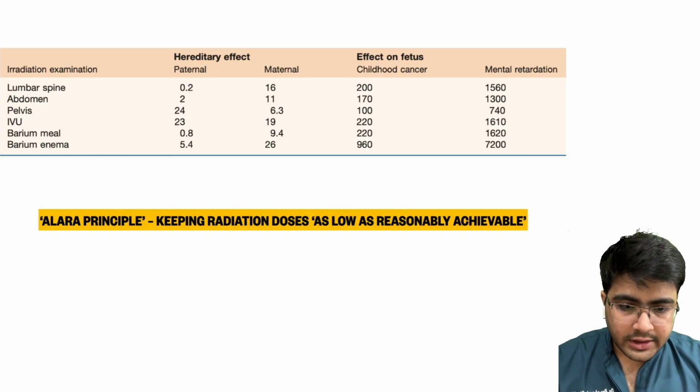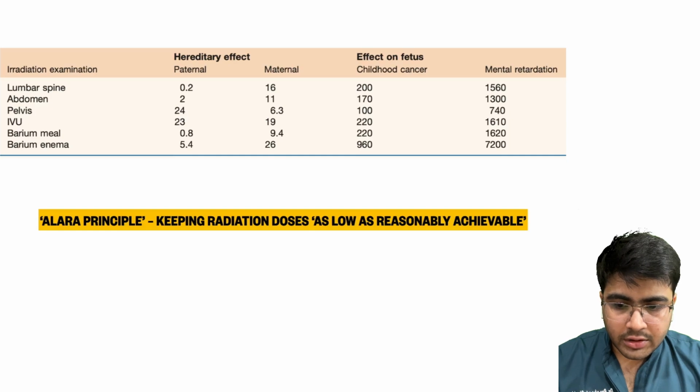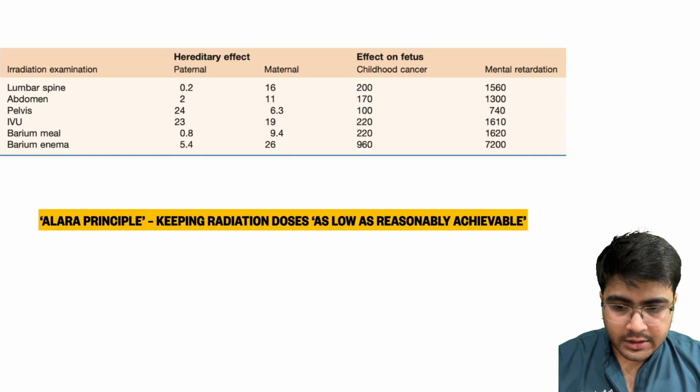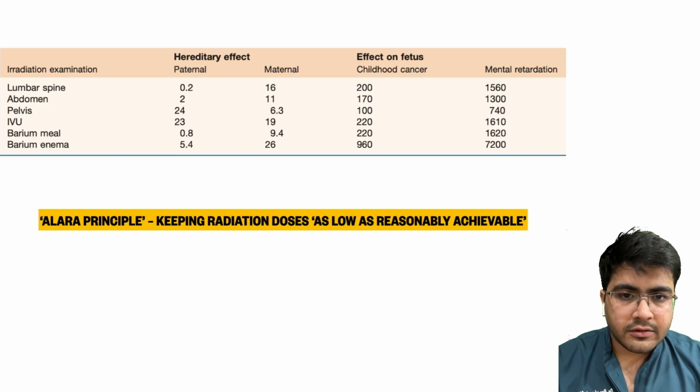Okay, so here basically I want to stress that in a male patient, the X-ray pelvis and the hip view are the two investigations which cause maximum exposure and maximum risk of hereditary effect on the paternal side, and these should be judiciously used.